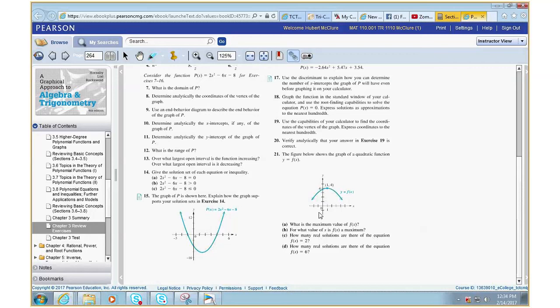There's going to be 2 because it's going to cross the x-axis how many times? 2 times. And where is y equal to 6? So 1, 2, 3, 4, 5, 6. 6 is up here. Where's the function equal to 6? Never, because that would be up here, and the function is down here.